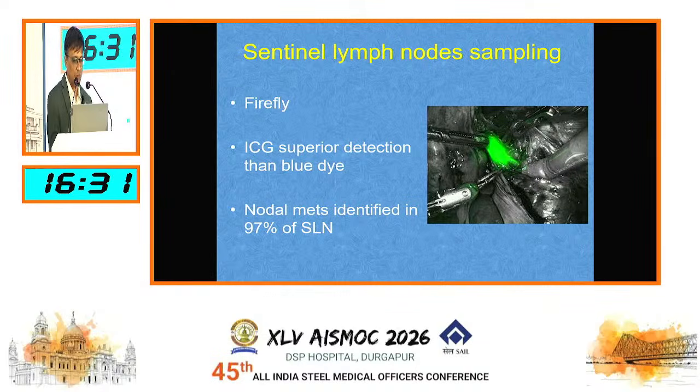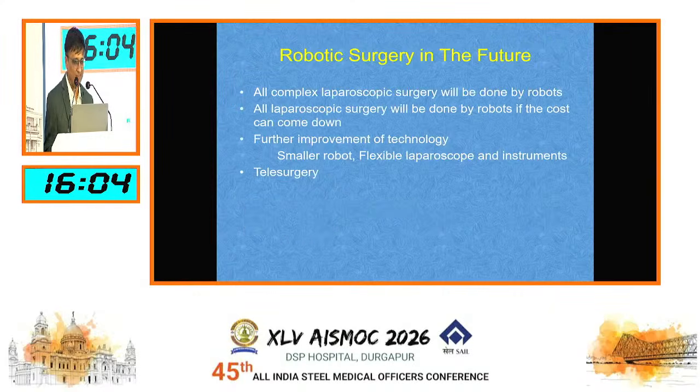Once you switch that on, the nodes which are first affected, called the sentinel nodes, glow. You identify that, and rather than doing a complete surgery, you just take this particular node out. In 95 to 98% of cases, you can avoid a complete dissection by just taking this node out, which is glowing like a bulb in front of your own eyes.